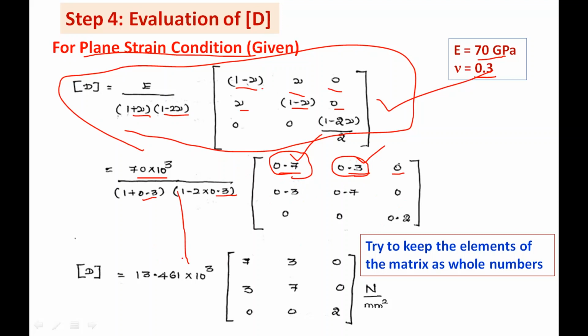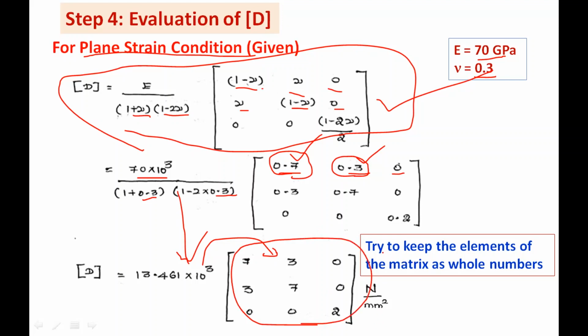Then simplifying this term, we are getting 13.463 into 10 power 3, and here 110 is multiplied inside this matrix. When you do the matrix multiplication, if you have whole numbers as the elements of the matrix, it will be very easy to operate.